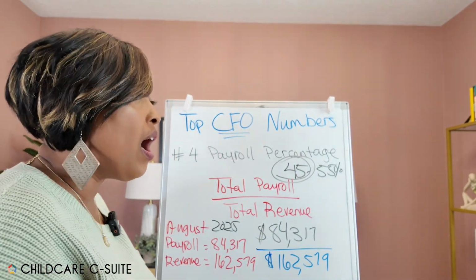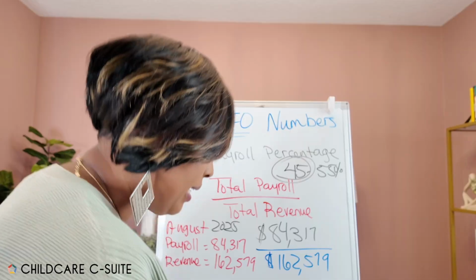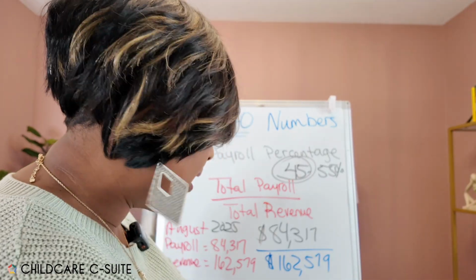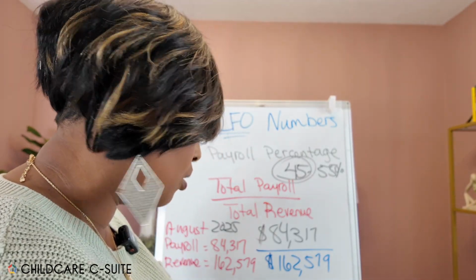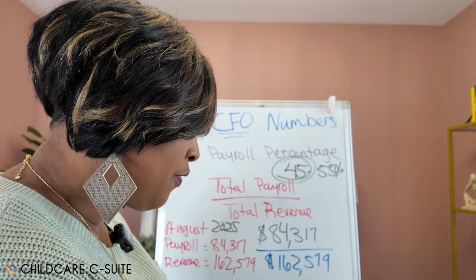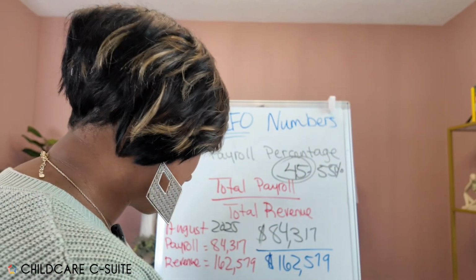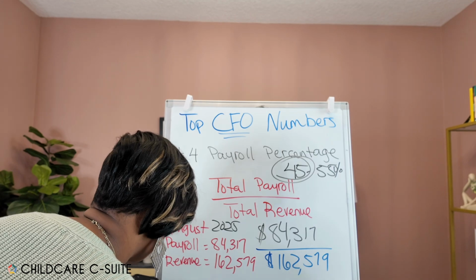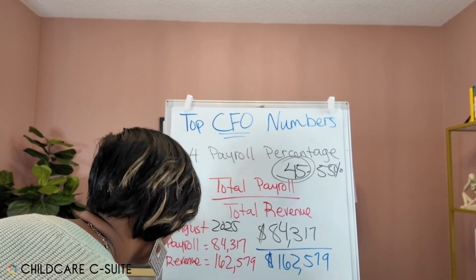For the month of August, a couple of things I can talk about. One, I don't have my VPK dollars. Let's say I'm going to get about 20,000 from VPK. That increased my revenue by 20,000.